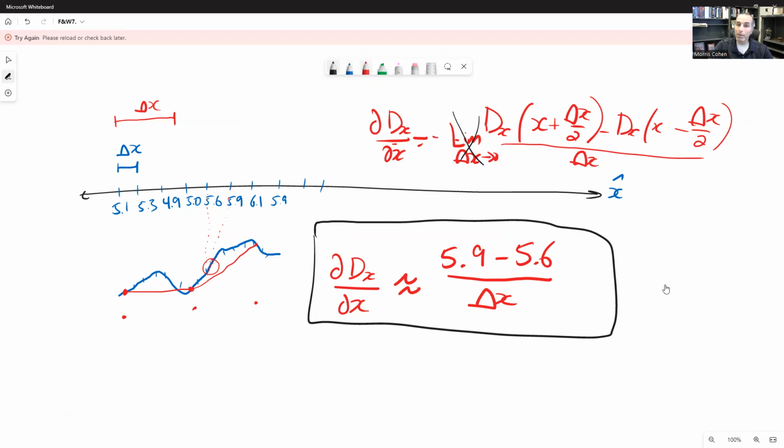That can be thought of as the derivative dDx/dx evaluated at the midpoint between them. So to figure out what the derivative is at this green line, we measure the D field on either side of it and take the difference. That's going to be a pretty good approximation of the derivative, as long as our measurements are tight enough in spacing.